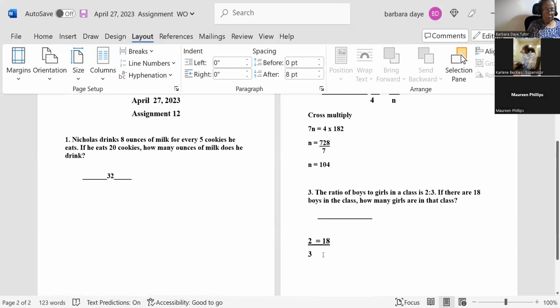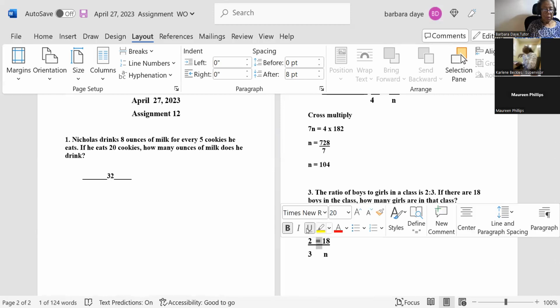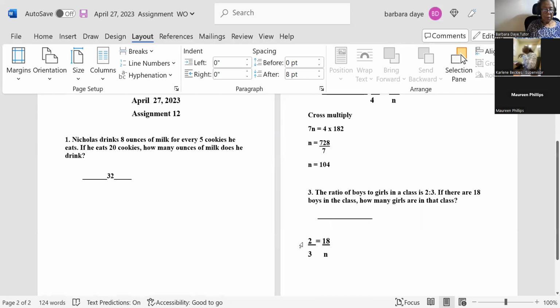And what was your unknown variable? Let's take that out. And what is n equal to, Maureen? N is equal to 54 divided by 2, right?